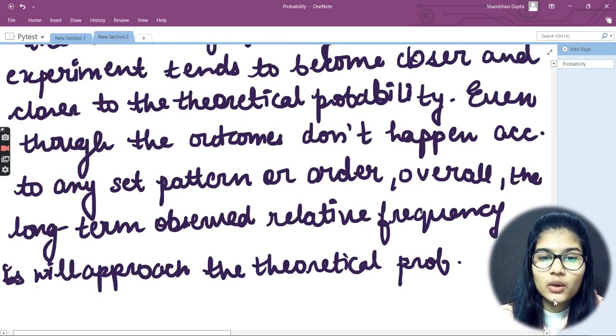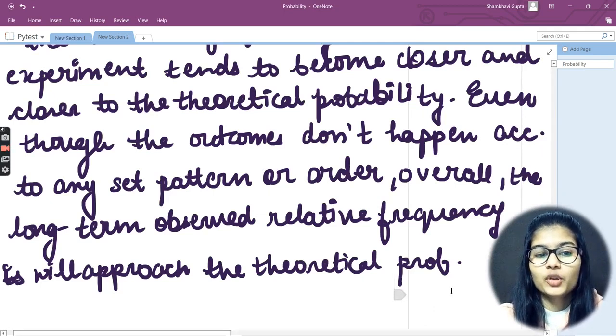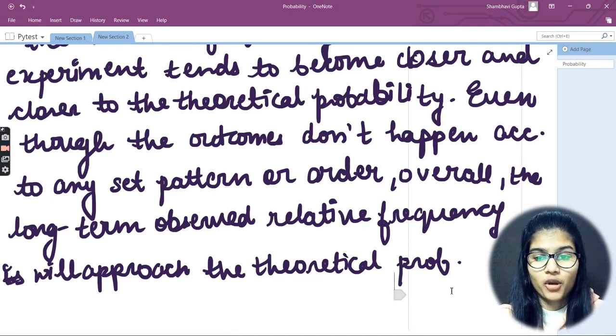Now even though the outcomes do not happen according to any set pattern or order, overall the long-term observed relative frequency will approach the theoretical probability. So the law of large numbers says that whatever the relative frequency of an experiment is, that tends to become slowly closer to the theoretical probability. It doesn't matter that it follows any set pattern, but the relative frequency will approach closer and closer to the theoretical probability.